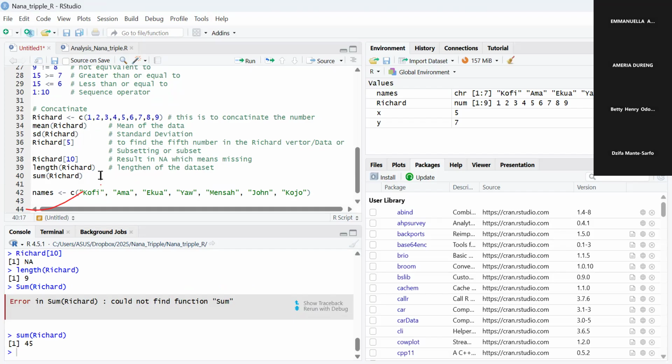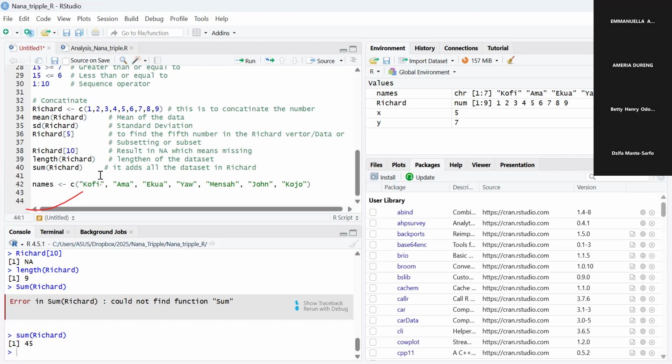So what does sum mean? It adds all the data. Richard.